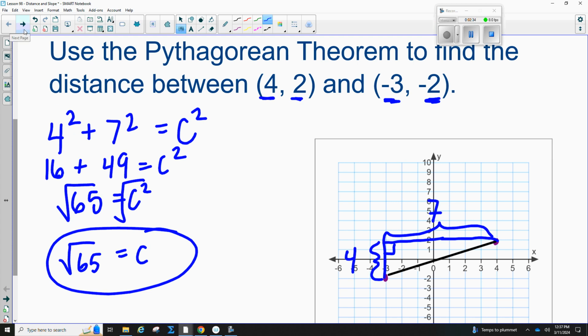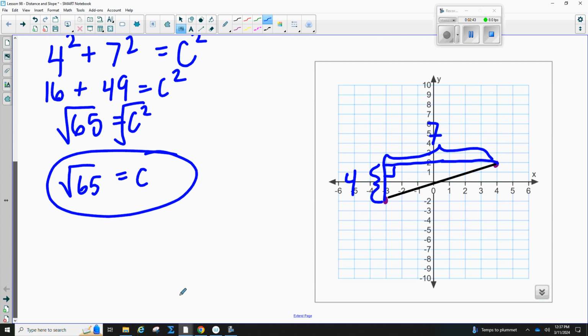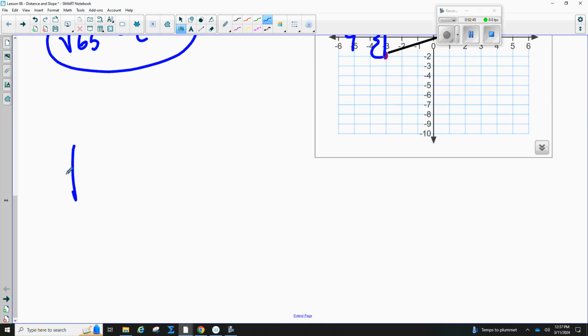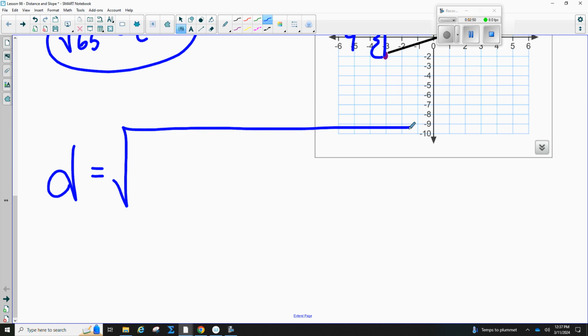Now, there is an actual distance formula, so you don't have to always do Pythagorean theorem. I actually recommend that you learn the distance formula and use it instead of Pythagorean theorem, okay? It is the exact same thing. It's just shortening it up a little bit, okay? Let me show you.